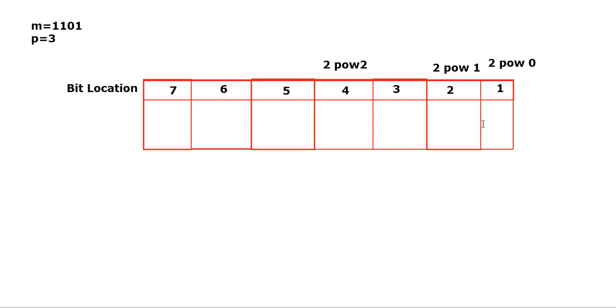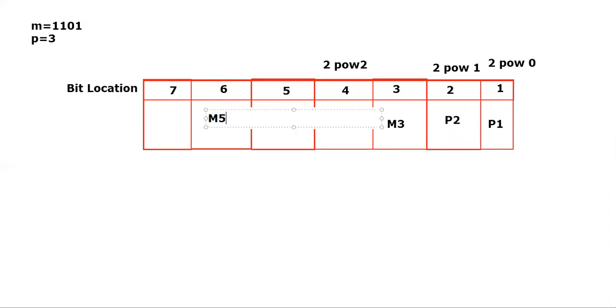So this value is your P1, this is your P2, and this is considered your P4 because of its position. P1 is here, P2 is here, and this is your P4. And 3, 5, 6, 7 represent your message, whatever message we have here, 1101. So this represents the message.